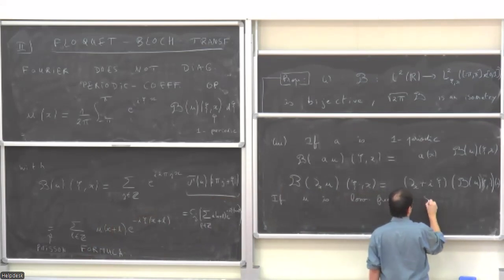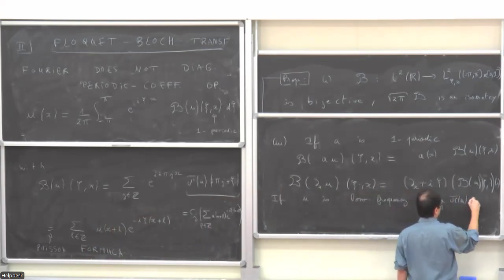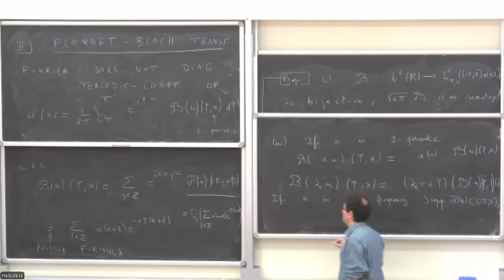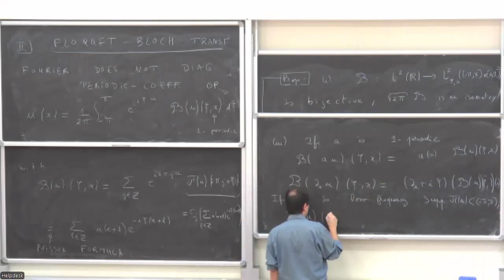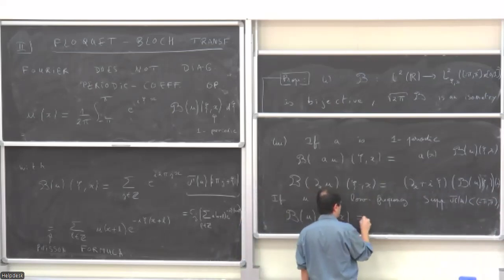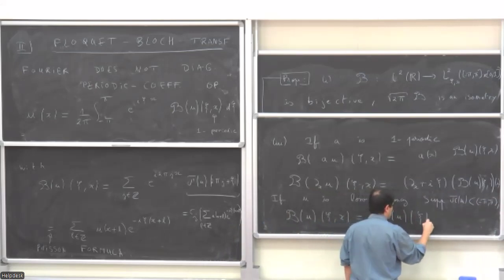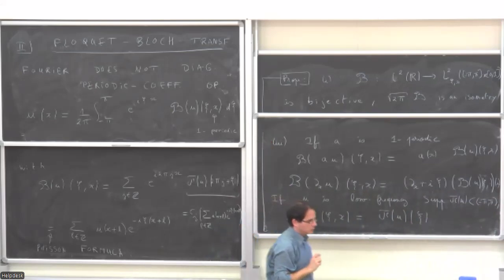This means that the support of the Fourier transform is within minus pi to pi. I'm not too precise about that.